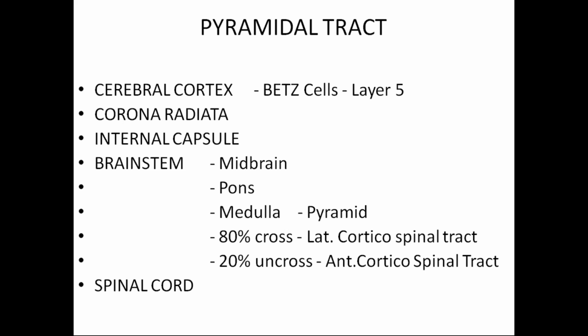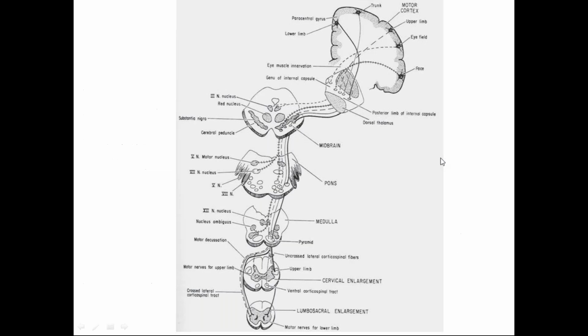The whole tract runs from head to toe, and we should know where the defect is. Your neuroimaging is definitely going to tell you, but clinically you should know it anatomically and diagnose where the defect is.